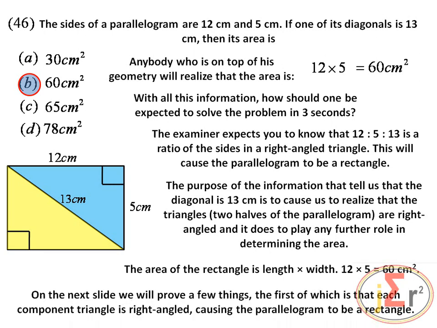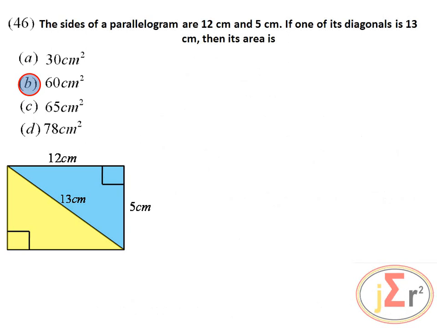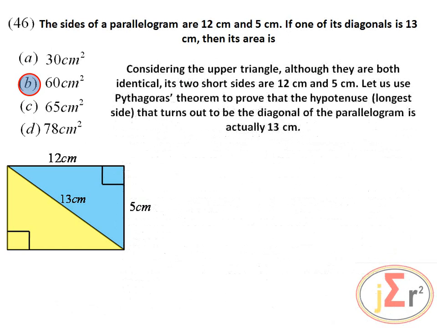On the next slide, we will prove a few things. The first of which is that each component triangle is right angled, causing the parallelogram to be a rectangle. So we will prove that the triangle is actually right angled on the next slide. Considering the upper triangle, of course both of them are equal, so we may as well consider any one of them.